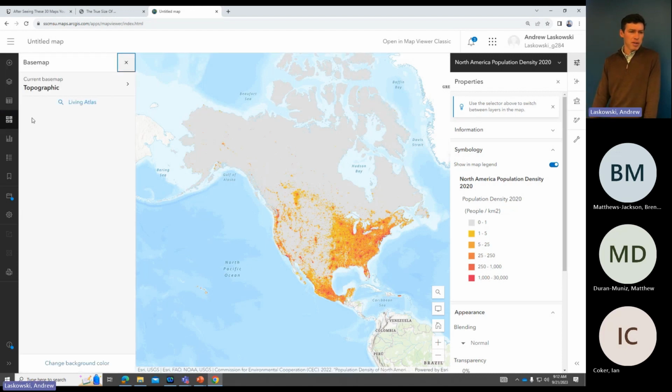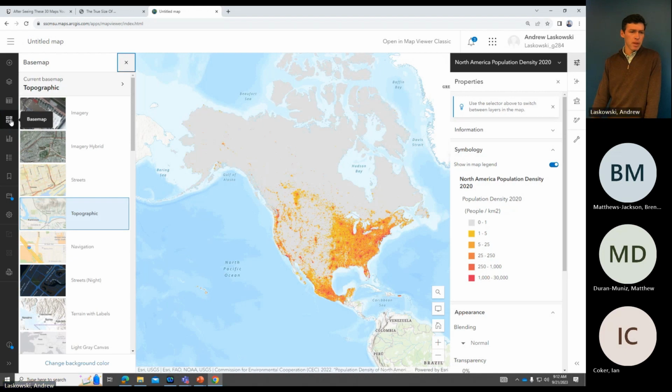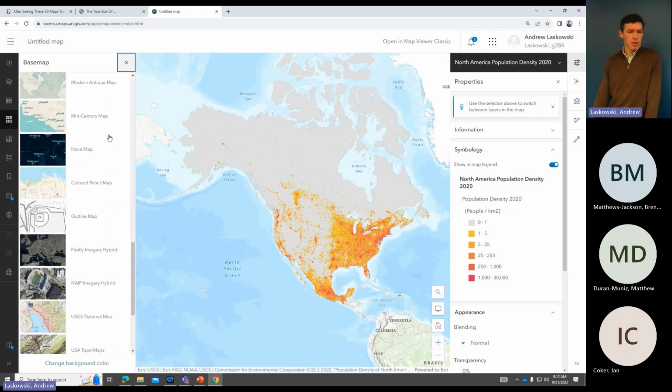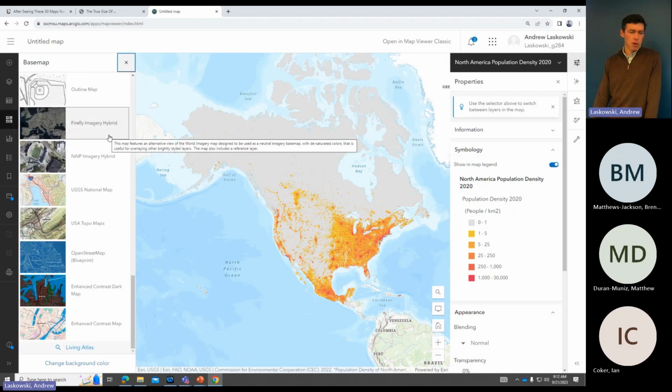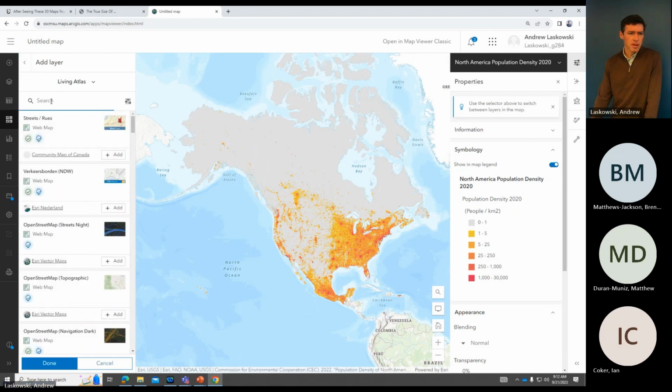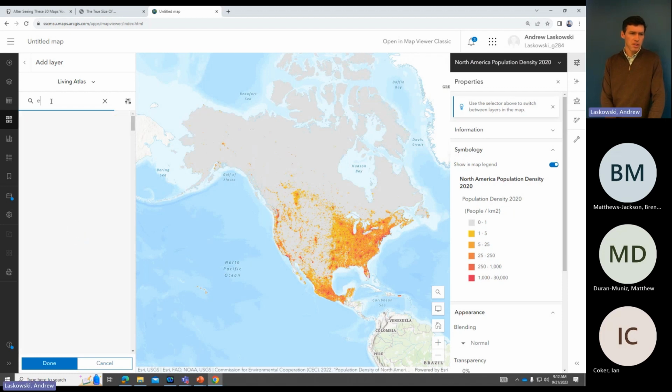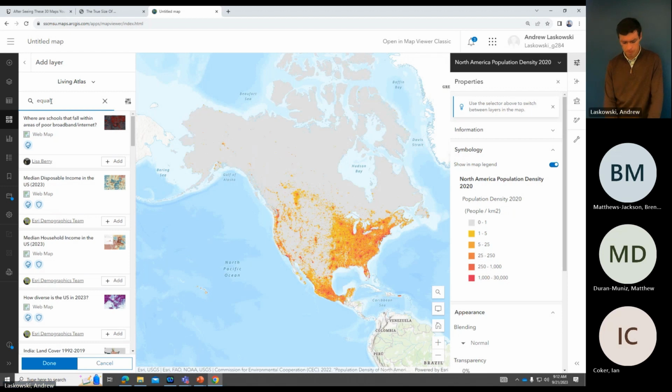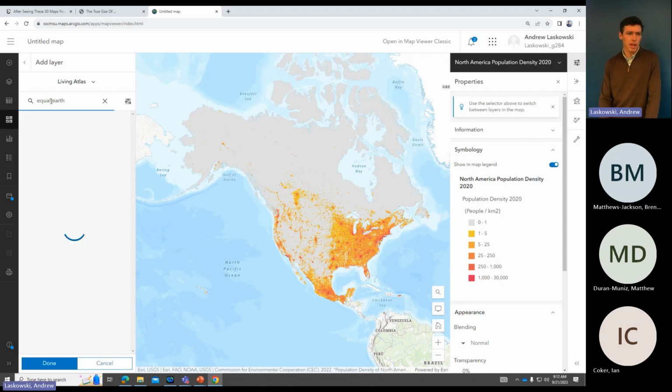The base map gallery is over here on the left side. And all of these base maps are going to be using the Web Mercator projection. But there are a few that exist that use different projections. So I just hit that plus button to add a new base map, and I'm selecting Living Atlas.